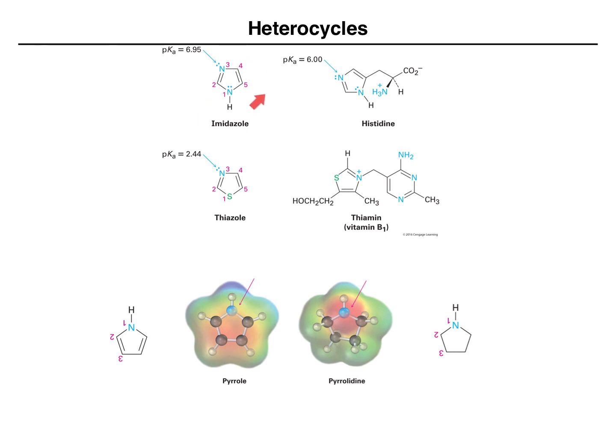So imidazole itself, the conjugate acid, has a pKa of 6.95. And looking at the imidazole moiety in the amino acid histidine, the conjugate acid has a pKa of 6. So this is relatively close to physiological pH, and so histidine is very important for proton transfer.